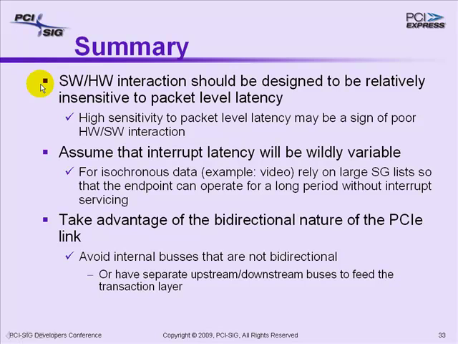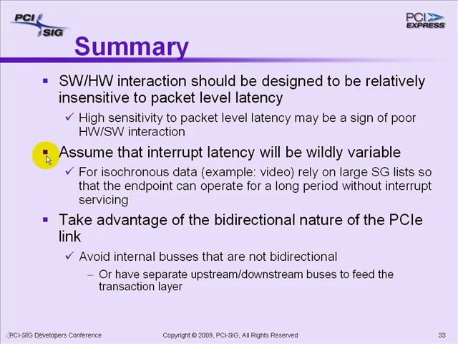The hardware-software interaction model should be carefully chosen to be relatively insensitive to packet-level latency. In fact, this is a good test. If your system is very sensitive to packet-level latency, for example, being behind layers of switches, then this is a sign of a poor hardware-software interaction model.